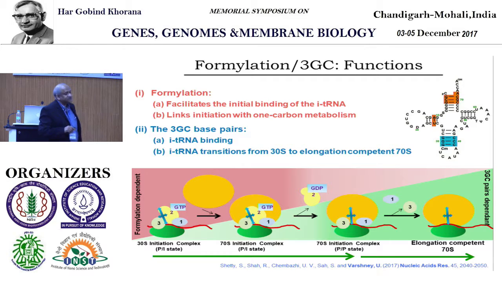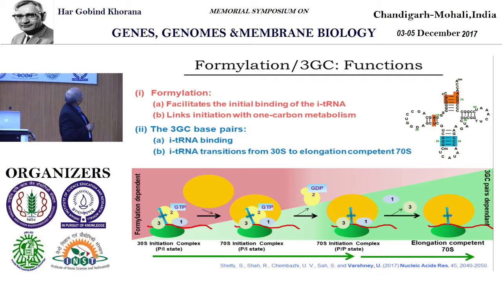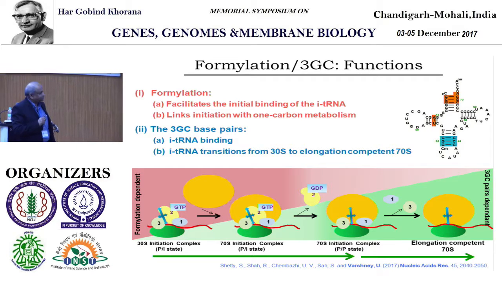One, it of course facilitates binding of the initiator tRNA to IF2. It increases the affinity of initiator tRNA greatly for IF2. The second thing, we've been able to connect, is that there is actually a connection between the formylation and the 1-carbon metabolism. This has been told to us by our suppressor strains.